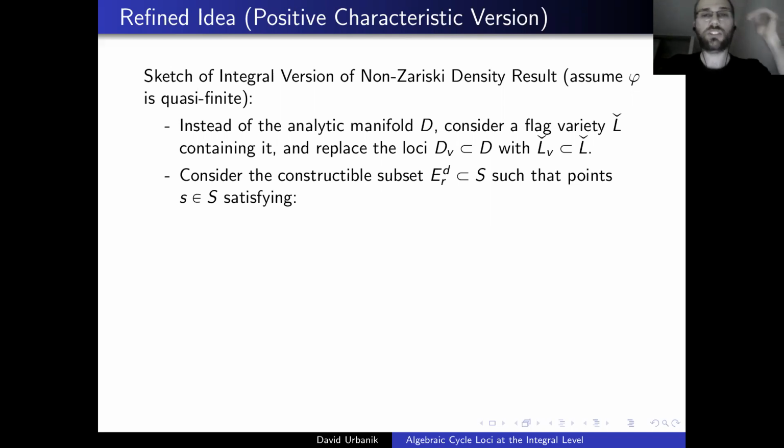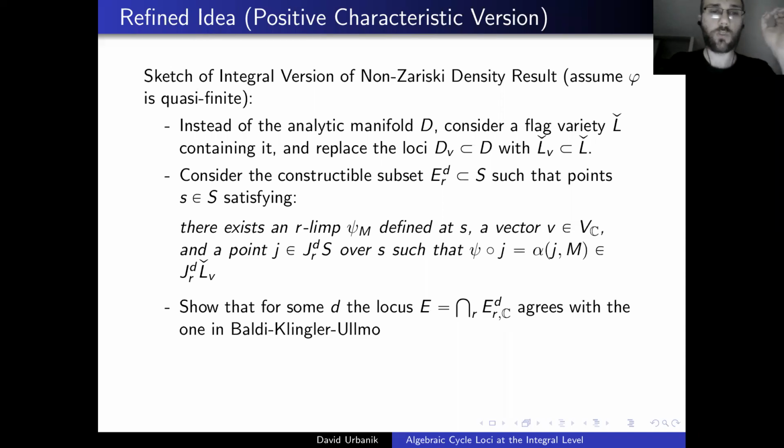And then we're going to construct these constructible subsets of the scheme S. So S is some scheme defined over a ring of integers, maybe of some number field, maybe with some additional denominators. And we're going to construct using this a constructible subset with the following condition.